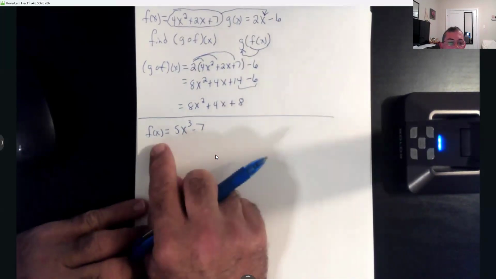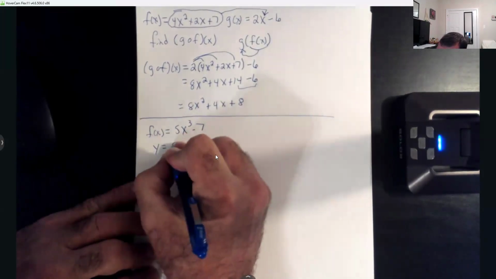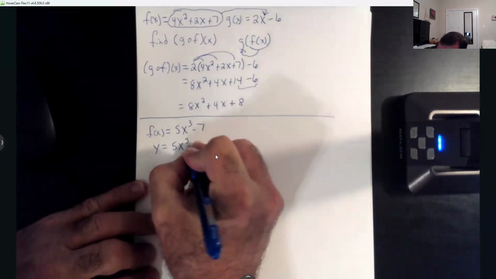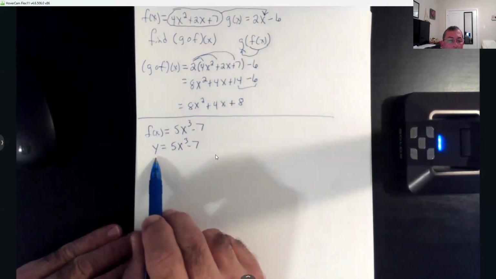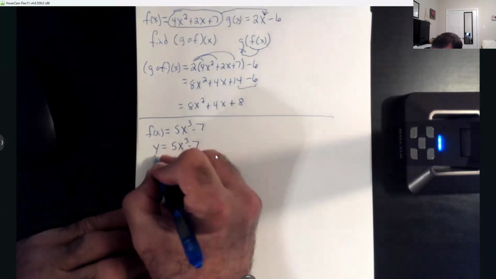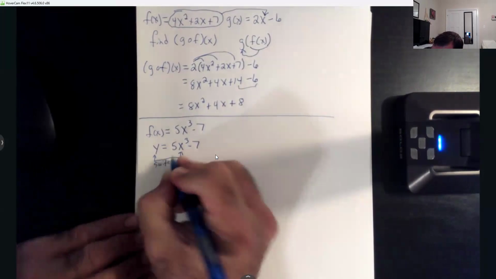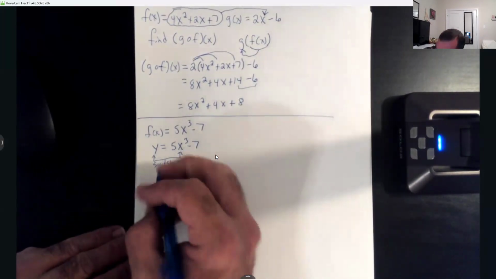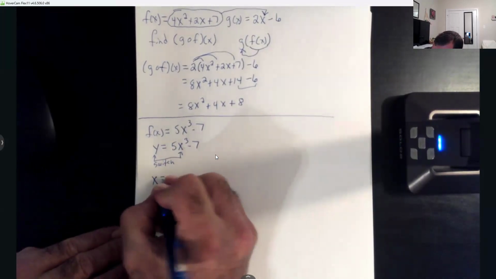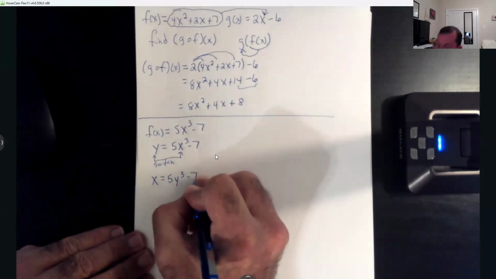So to find the inverse, you start by replacing the f of x with a y. So remember, turn f of x into a y. Then you're going to switch the x and the y. So you don't change the exponent, just the letters. So this becomes x equals 5y to the third minus 7.